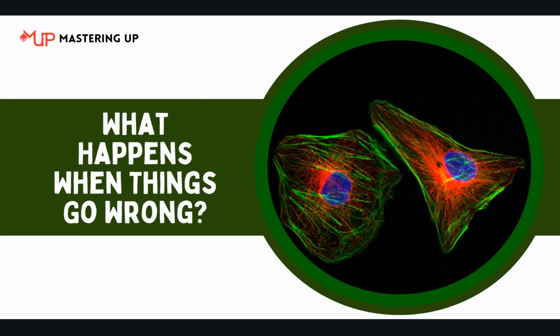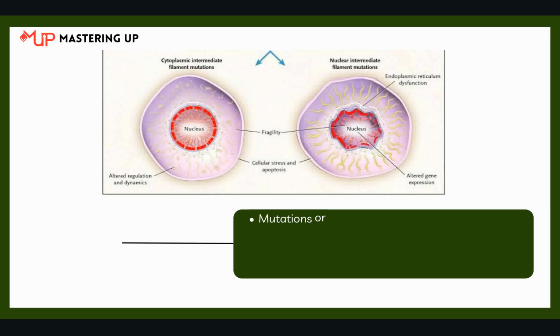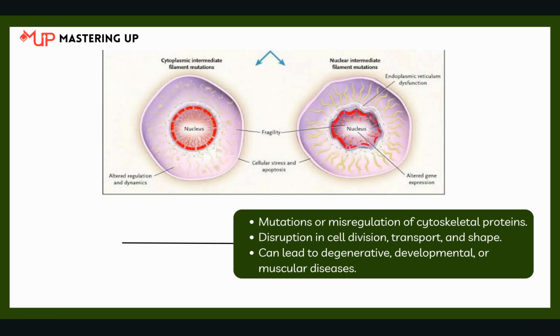What happens when things go wrong? When cytoskeletal proteins are altered due to genetic mutations or regulation errors, the consequences can be serious. The cytoskeleton is critical for a wide range of cellular functions, so even small defects can result in significant dysfunction.